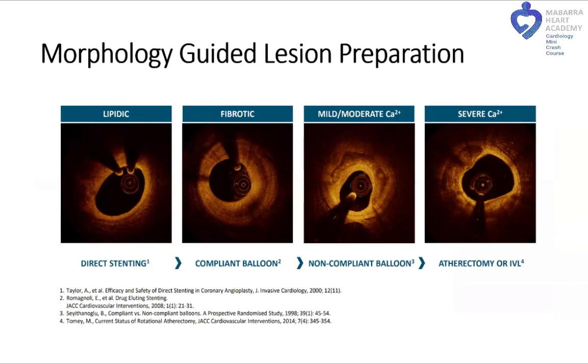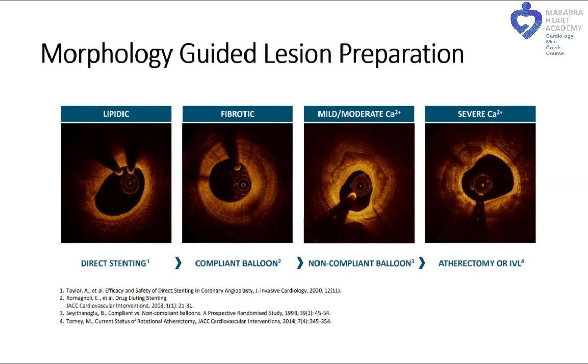If you have fibrotic plaque, usually you need to predilate with some sort of ballooning, either a compliant balloon, sometimes you may need an NC balloon or cutting balloon. If you have mild to moderate calcification, then you should always start with an NC or non-compliant balloon.